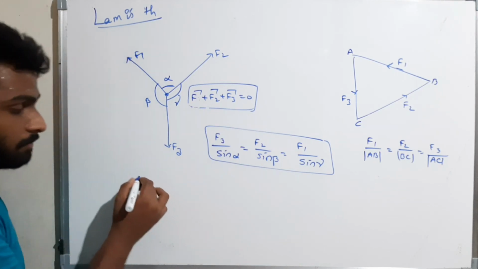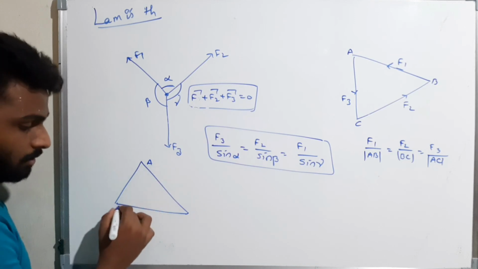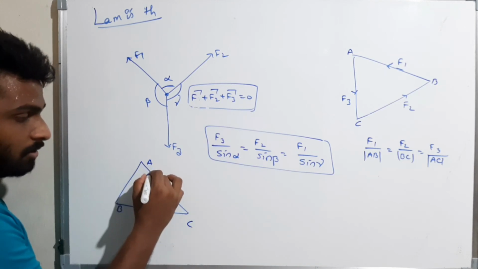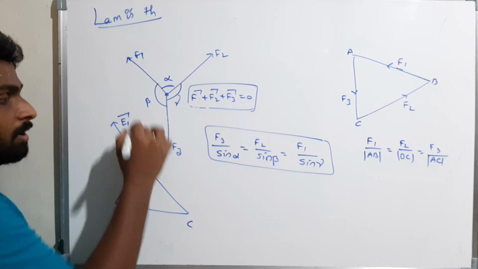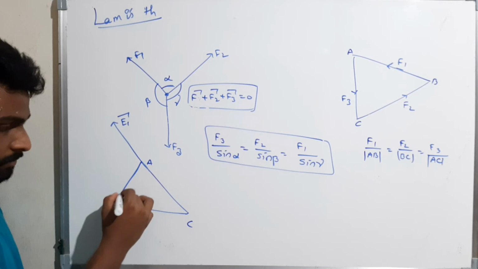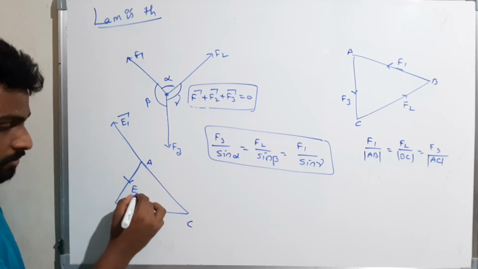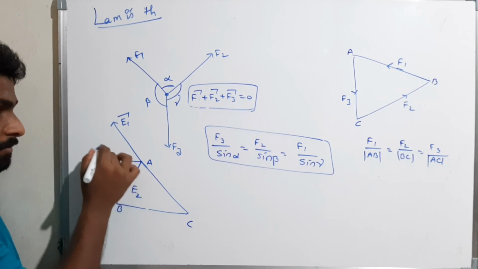If there is a triangle A, B, C, and along AC there is one vector, assume E1 bar, and along AB there is one more vector, that is E2. What is the resultant of E1 and E2? The resultant will be somewhere here, that is E bar.